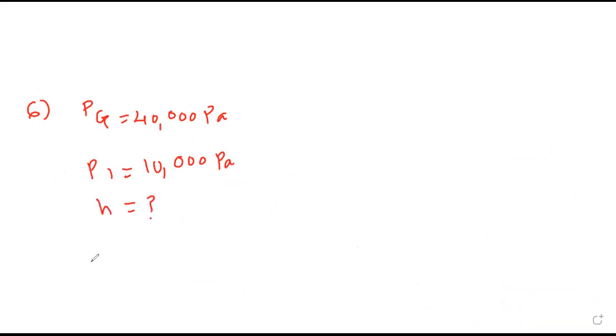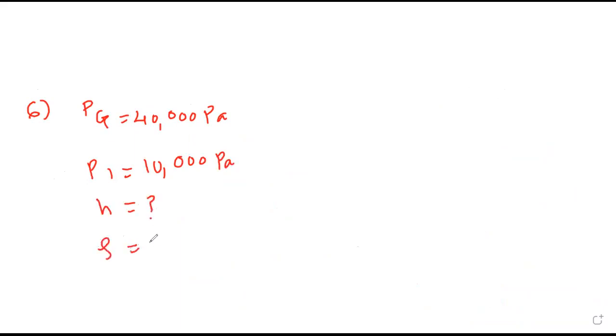The pressure of water on the ground floor is 40,000 Pascal, and on the first floor 10,000 Pascal. Find the height of the first floor.